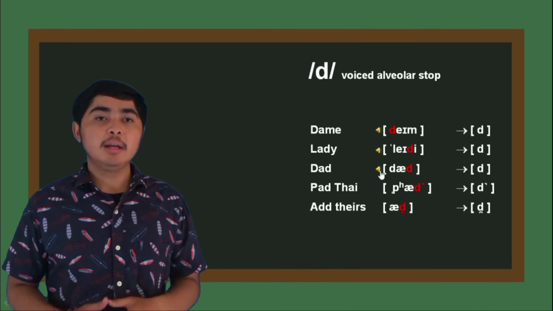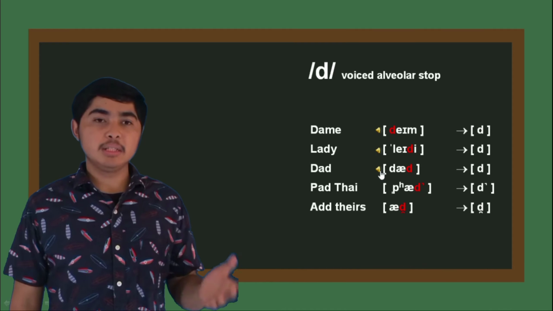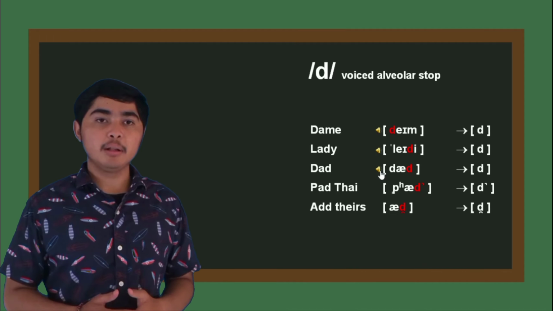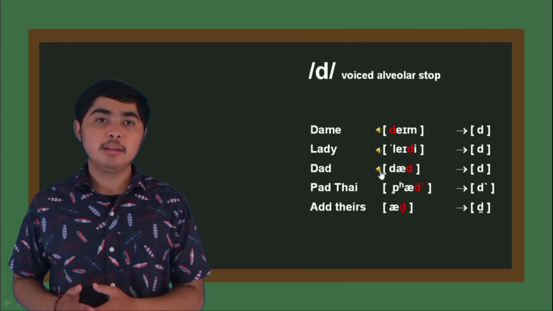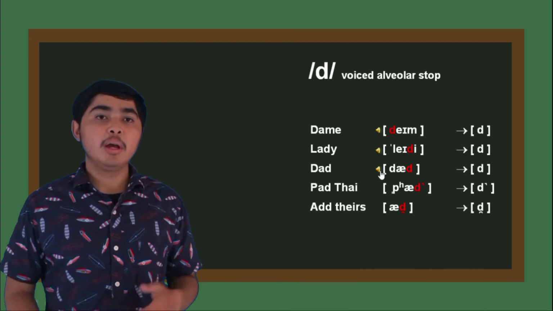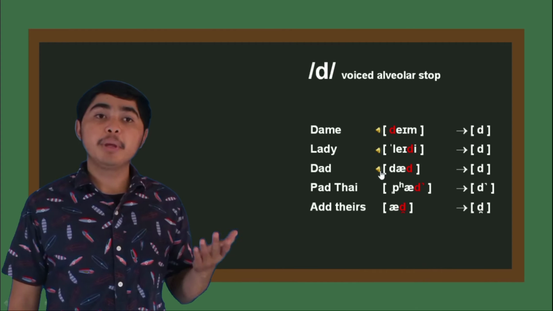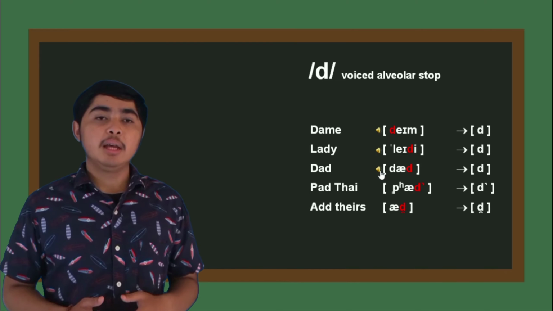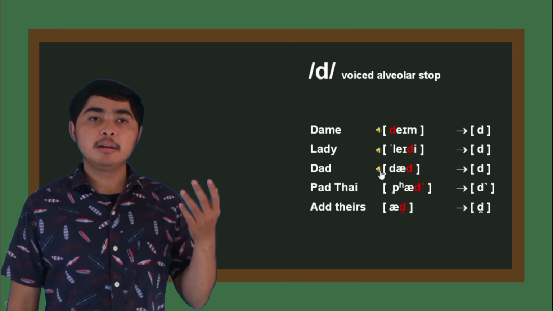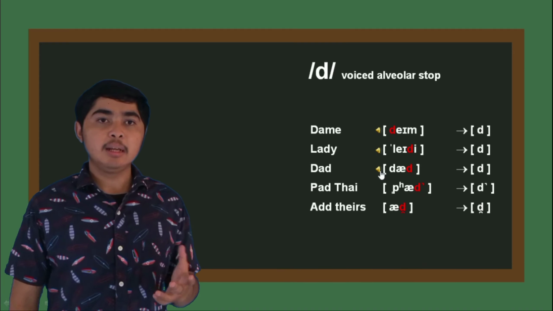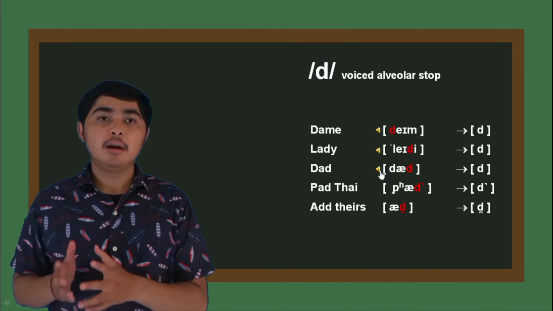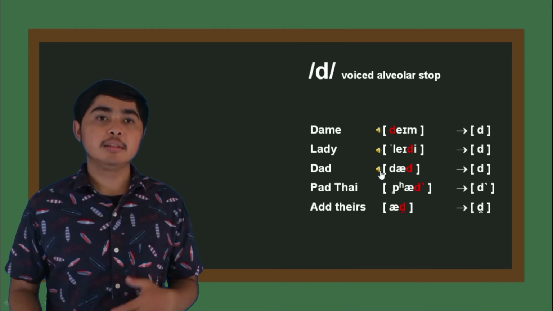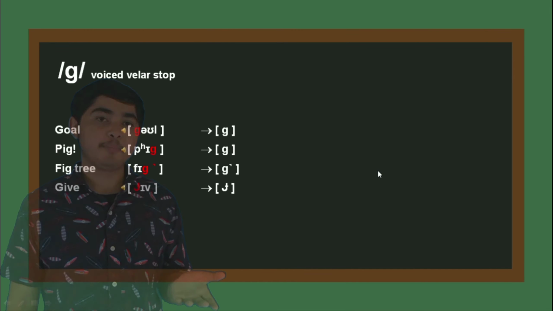However, it becomes unreleased whenever it is in the final syllable before a consonant, and it becomes dental whenever it is in word final position but precedes a dental consonant, just like in theirs.